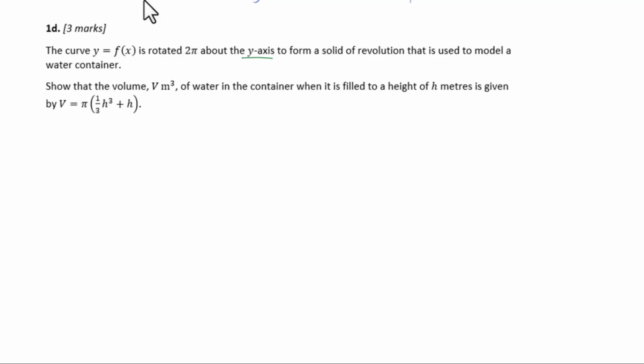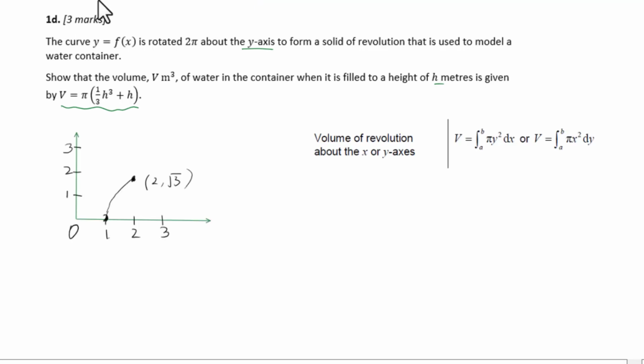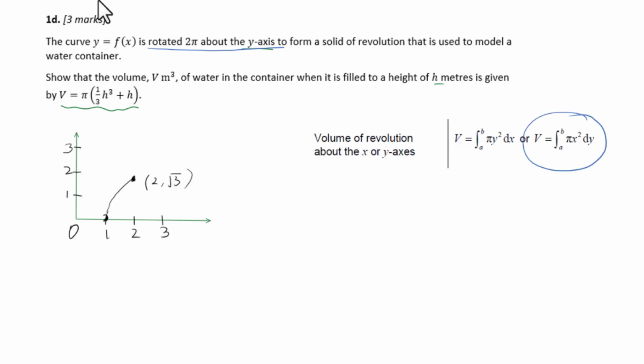Show that the volume of water in the container when it's filled to a height of h meters is given by this formula. We know this is the graph of f of x. Rotate about the y-axis. In the formula booklet, we know we have to use this formula.